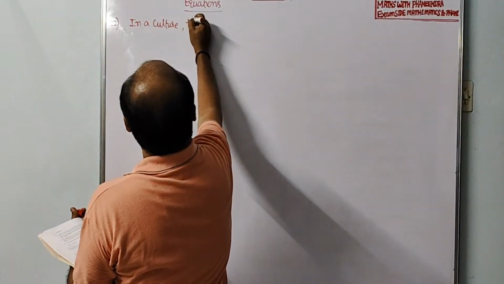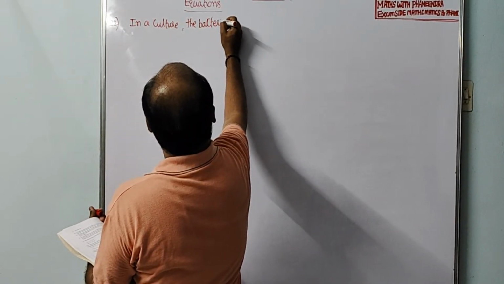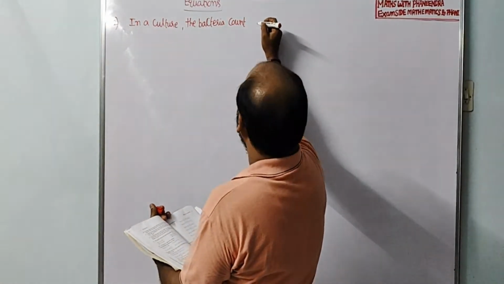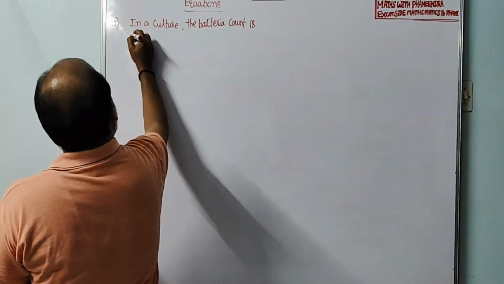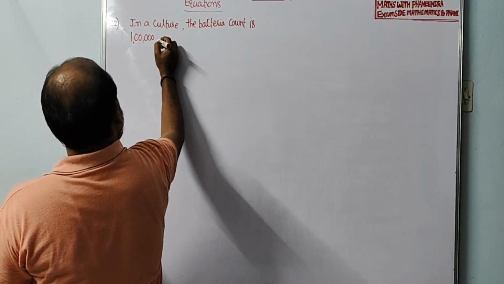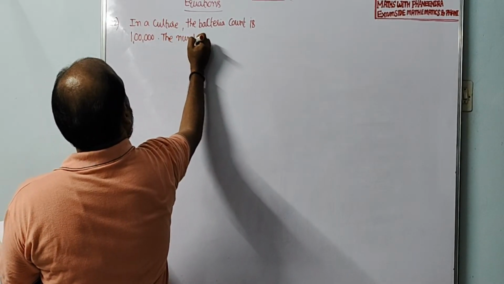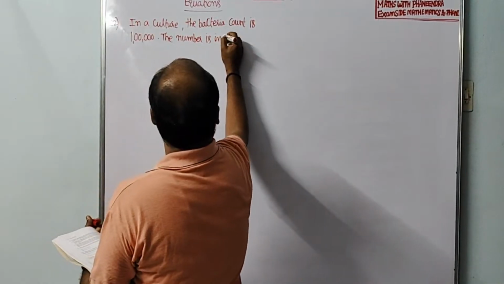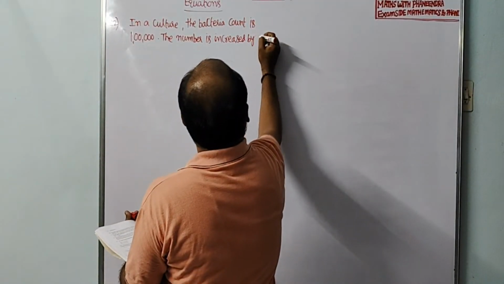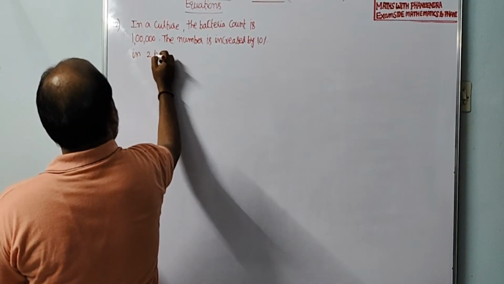In a culture, the bacteria number is one lakh. The number is increased by 10% in 2 hours.